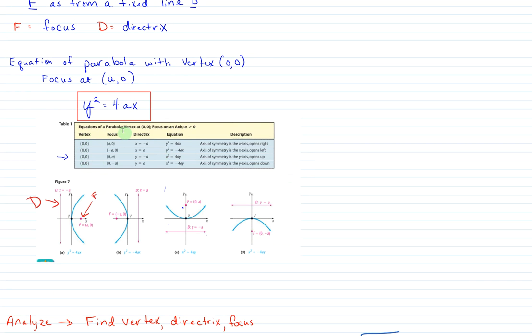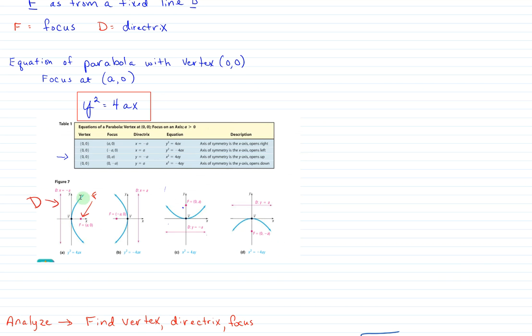The equations of a parabola with the vertex at 0, 0, and the focus on an axis where a is greater than 0. So let's look here. A parabola, you're used to seeing y equals x squared. Those are these two right here where you're used to seeing something go this way or upside down.